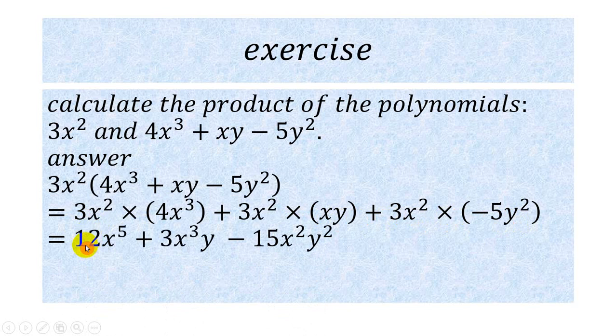The result: 3x squared times 4x cubed equals 12x to the power 5. 3x squared multiplied by xy is equal to 3x cubed y. 3x squared times minus 5y squared equals minus 15x squared y squared. This is the right answer.